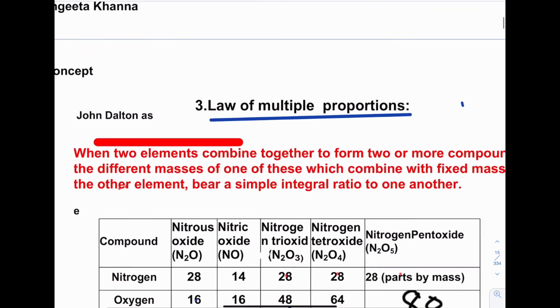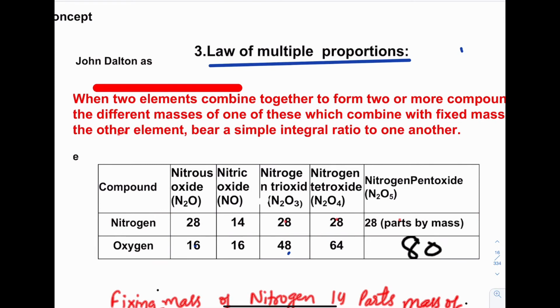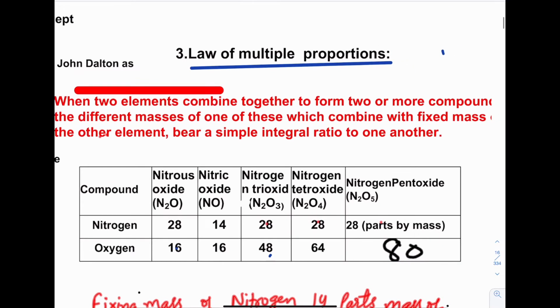The next law was given by Dalton. You must have done Dalton's theory also. This is the law of multiple proportion. According to this law, when two elements combine together to form two or more compounds, then a fixed mass of one element reacts with different masses of the other element, and the ratio of the masses of the other element will always be in simple integral multiples.